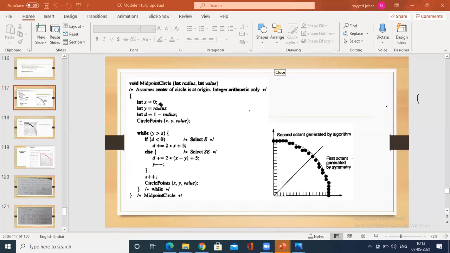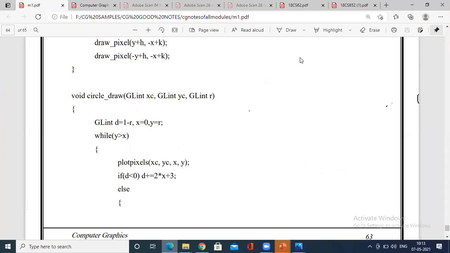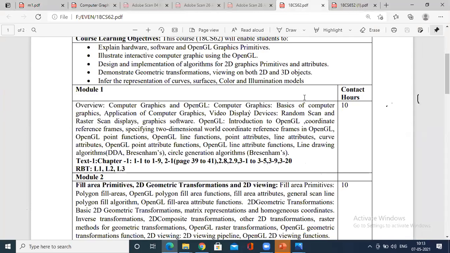So I hope we have completed this module to one extent, though we have not solved much of the problem. This is the syllabus. I'll display the syllabus for you. Yes, here is the syllabus.